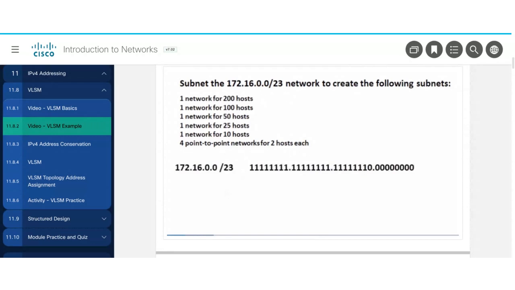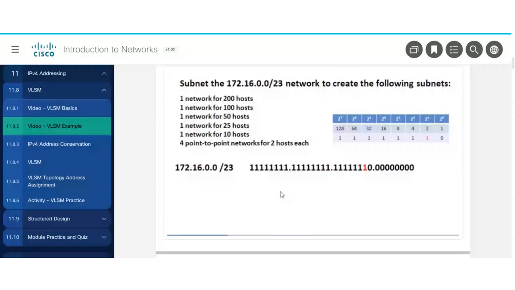So by writing out the network and the subnet mask in binary, we see that we have a /23 subnet mask. Here's 23 ones in binary. The last bit is in the 2's place. If we look at this 8-bit grouping in the 3rd octet, we see that the last one is in the 2's place. That means the subnets would go up by 2.